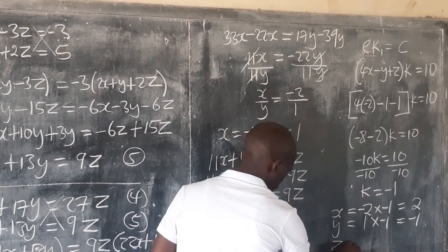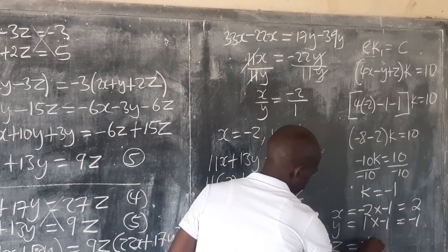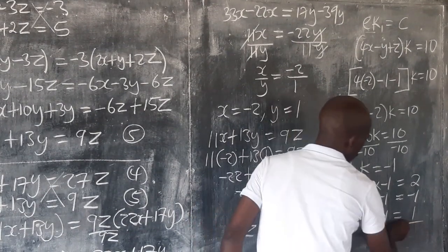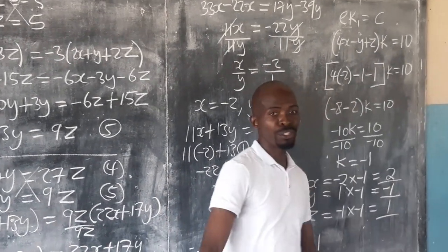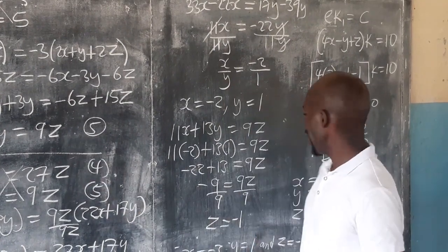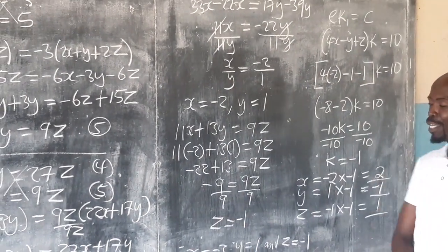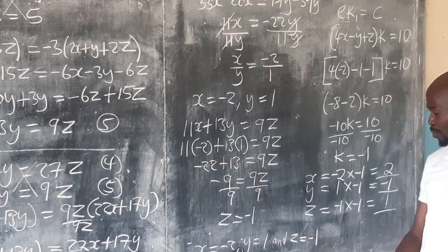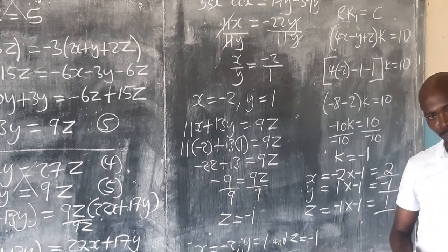And my z will be equal to negative 1 times negative 1 equals positive 1. These are the true values for the problem that we have. You can test them and they will all prove that the solutions are correct.